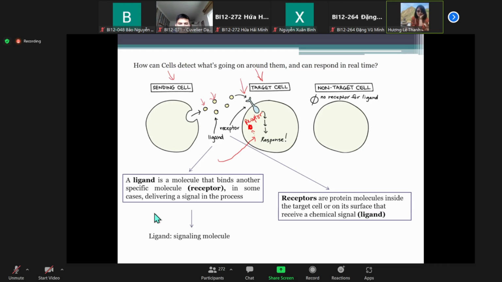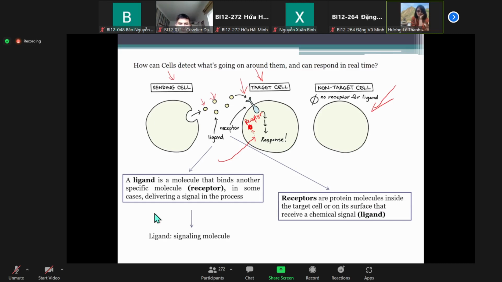So it's very specific. They are unique. Other cells without the receptor will receive no information. Just like you have your phone number, so your friends can send information directly to you, but not to each other.